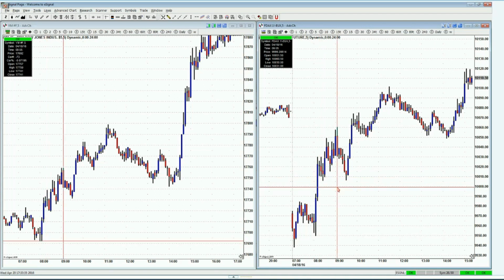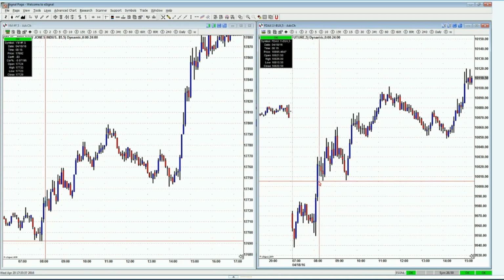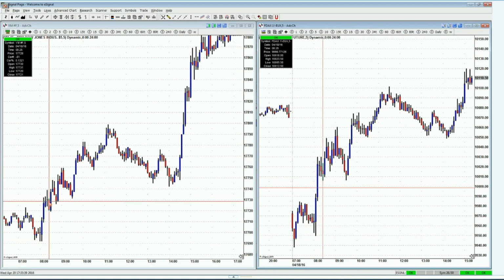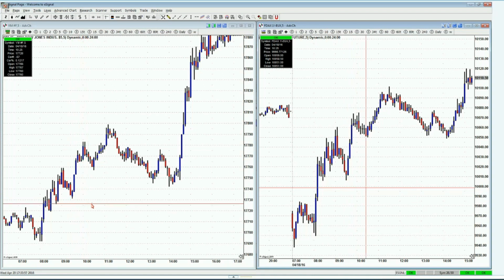So therefore, for example, on something like this, I got a higher high here, higher high, higher high, and higher high. Then the market corrects, goes up, both make higher highs, corrects, and both make higher highs. Do you see?